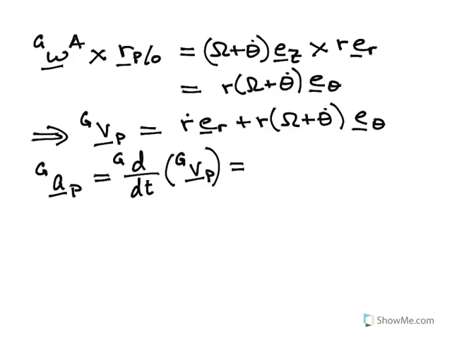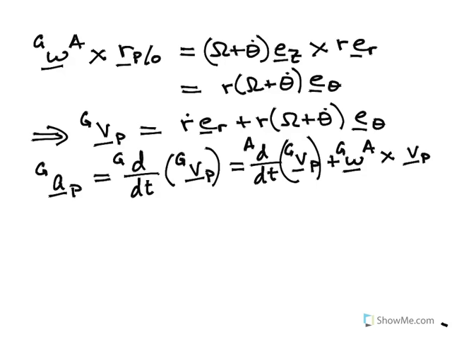Now once again you'll see that this vector Vp in G is expressed in the basis ER, E theta, EZ, and that basis is fixed in frame A. So this is equal to d dt in A of the velocity of P in G plus the angular velocity of A in G crossed with the velocity of P in G.